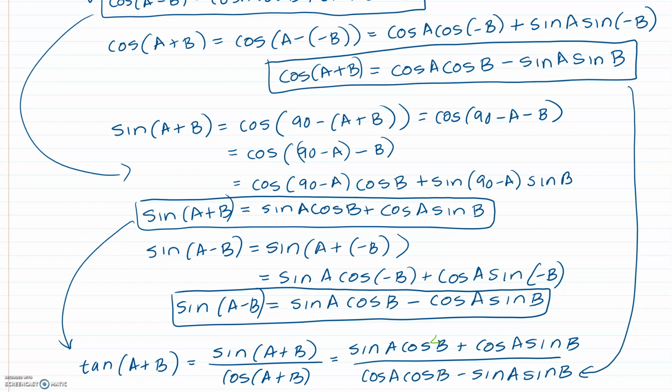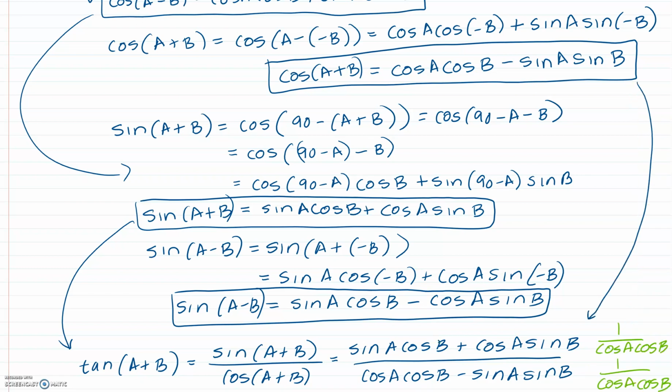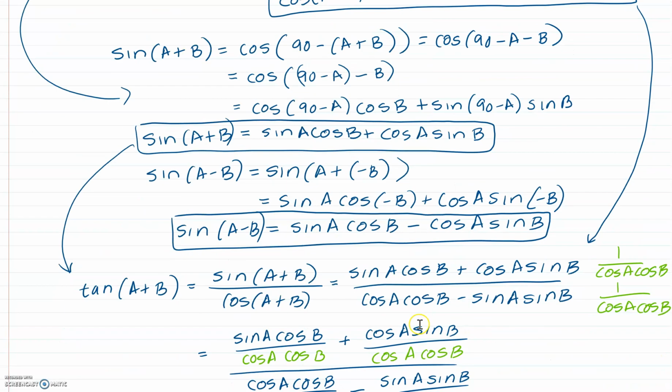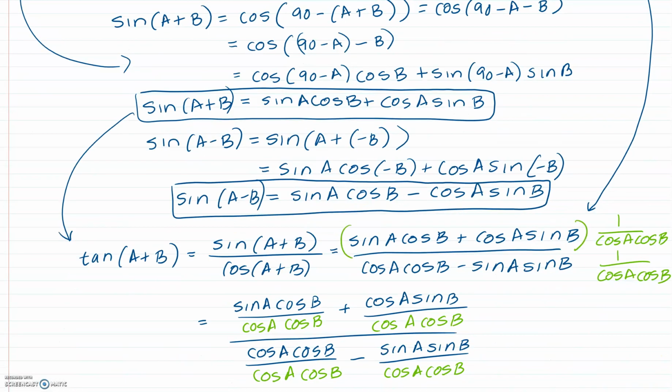Now I'm going to do a trick. I'm going to multiply top and bottom by 1 over cosine of A times cosine of B. And it's going to put everything into tangents. So we're going to distribute that through, and we're going to end up with this last line here, a double fraction.